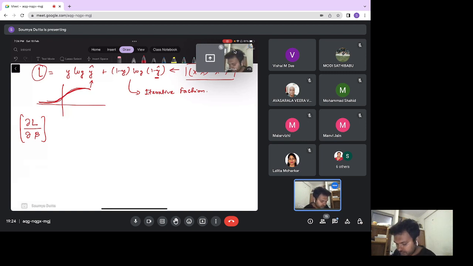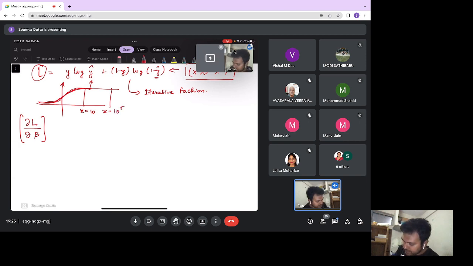Now, just look at the loss function and how it behaves. Let's say x is 10 here. This is just a value. And let's say x is 10 to the power 5 here.